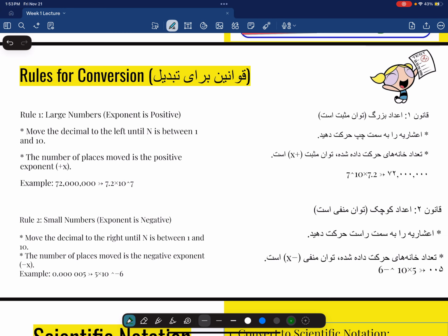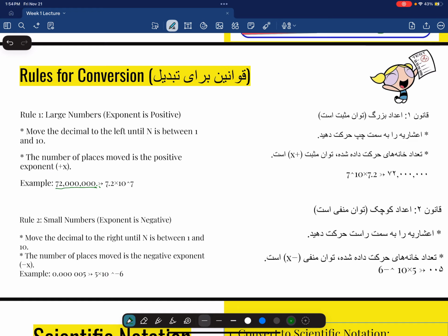Let's say a big number like 72 million, and we want to make it a little bit smaller. We always know that each number has a decimal after it, no matter how big or small, like 7 point with imaginary zeros. It's always there, we just never write it because it's too much.